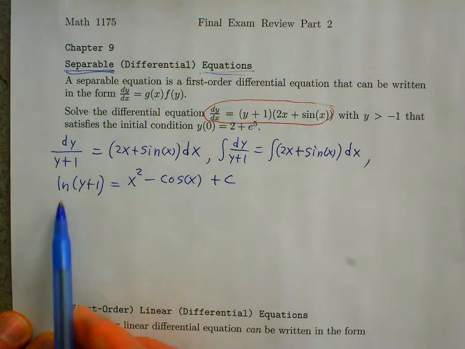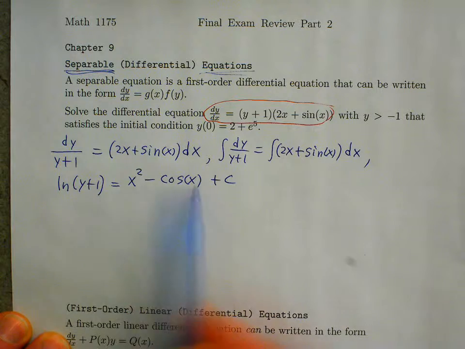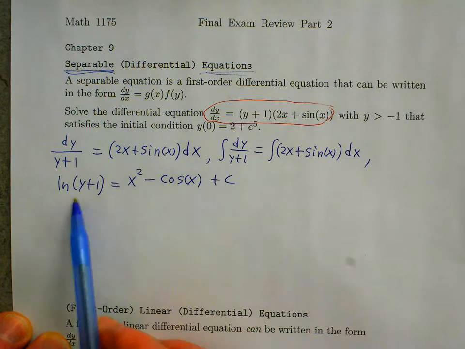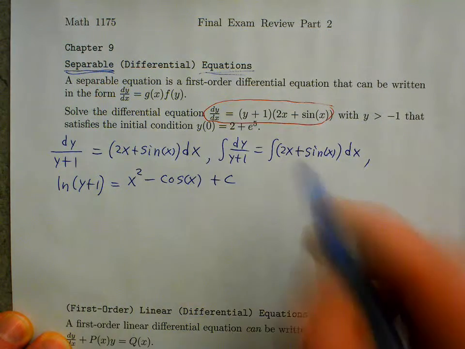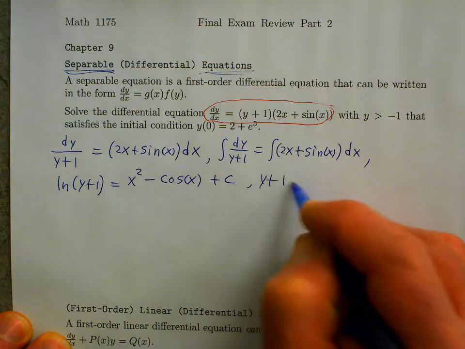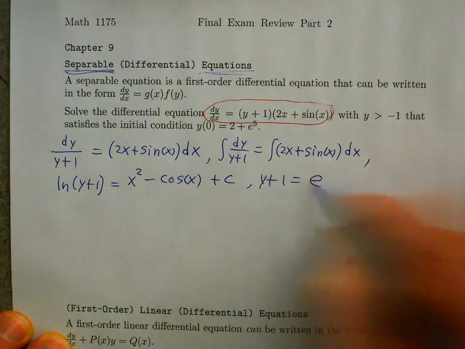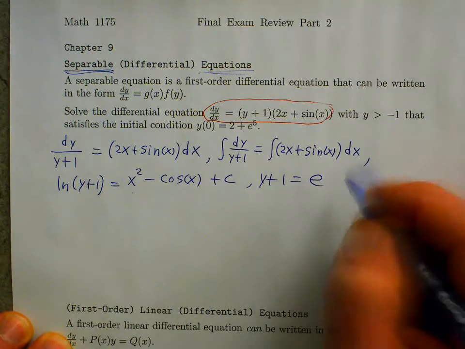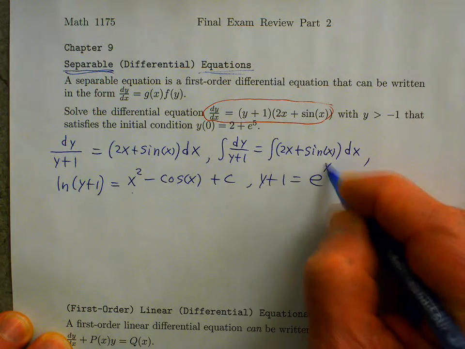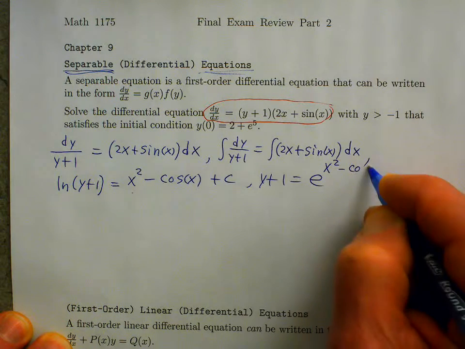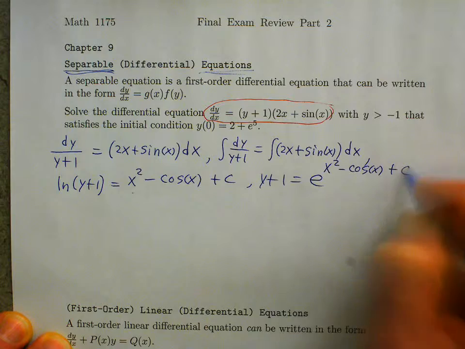So the natural log of y plus 1 equals a function of x. So that means the argument y plus 1 is equal to e to that function of x. So e to the x squared minus cosine of x plus c.